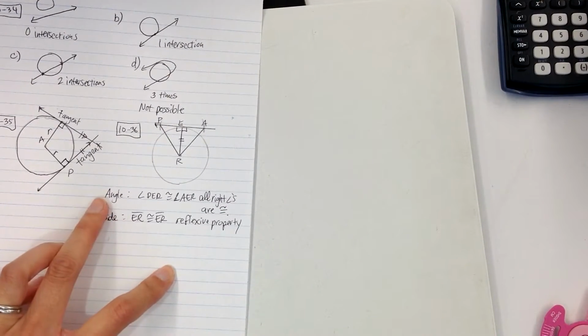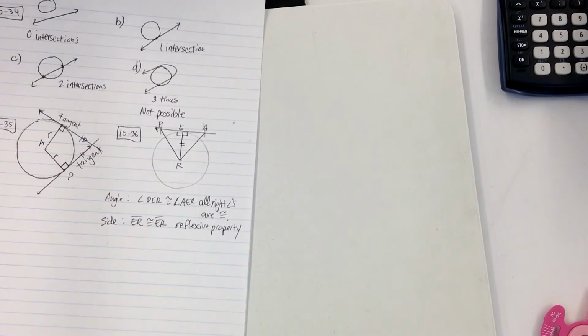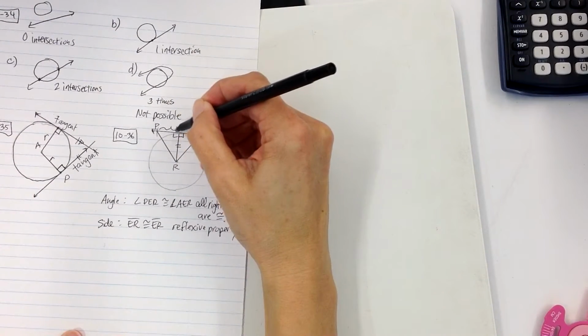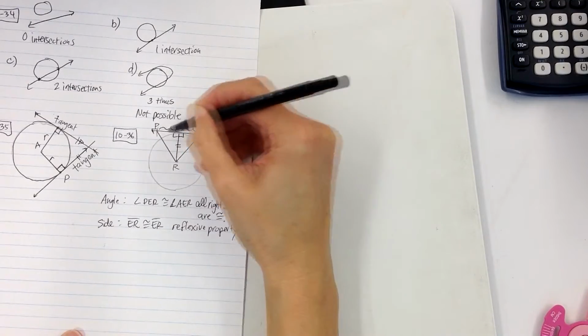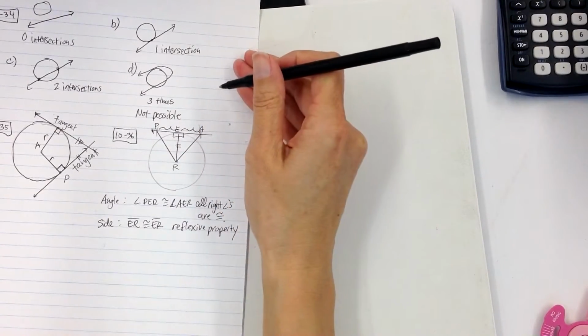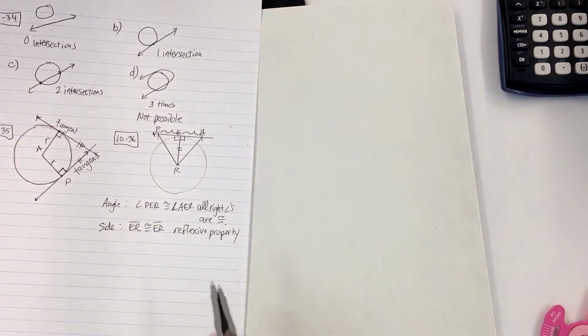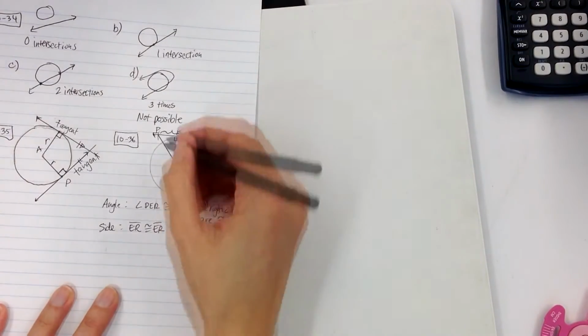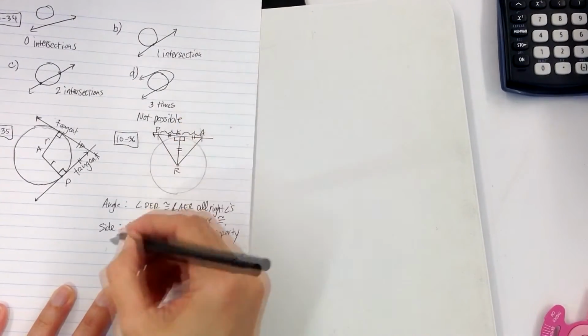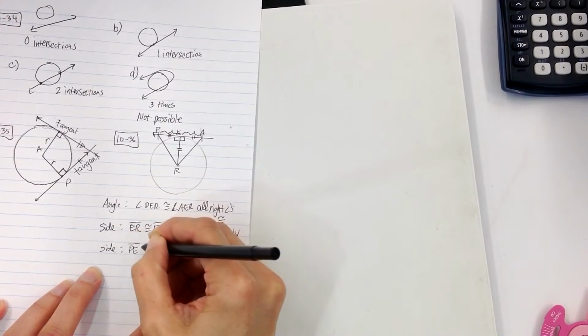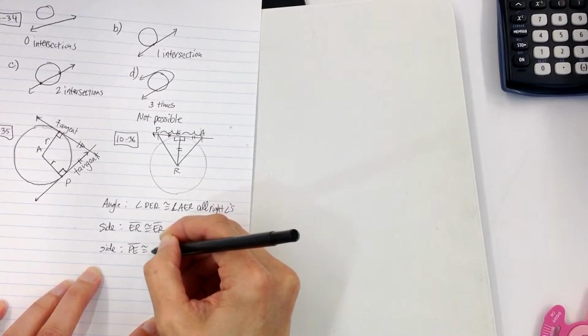So we have a side, we have an angle, we need one more piece, either a side or an angle. And because we constructed, remember when we did our construction to make sure that these were equal, it was kind of our given, because it said make PE equal to EA, right? So that's our last side right there. Side PE has to be congruent to AE.